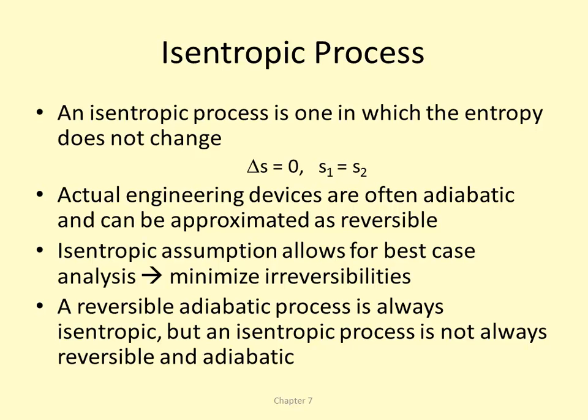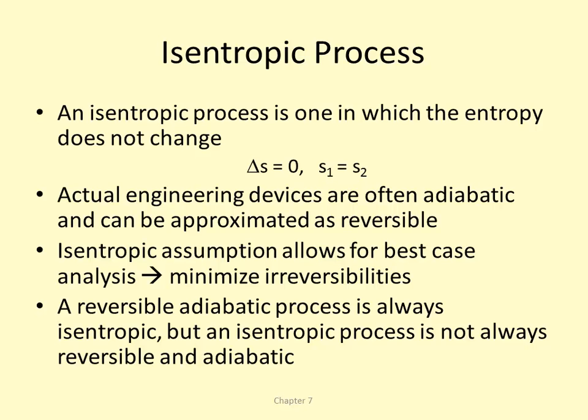An isentropic process is one where the entropy does not change from state 1 to state 2. So we can have an isentropic process that has no entropy change, that will have entropy generation though.